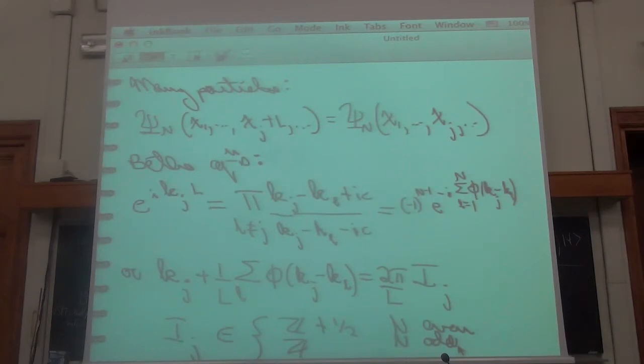Okay, it's just a labeling thing. Again, there's no physical significance to this. We have n quantum numbers.